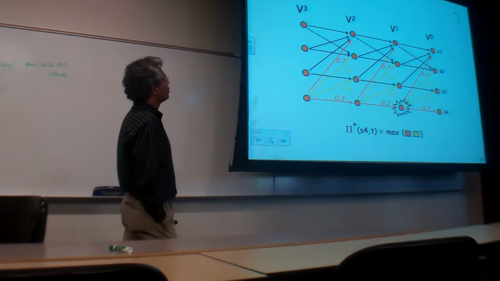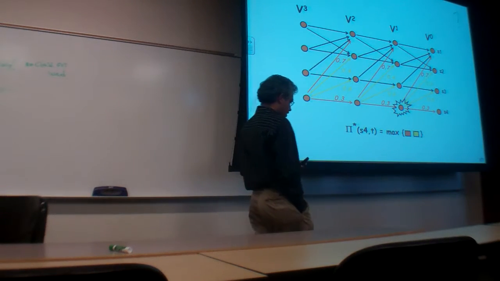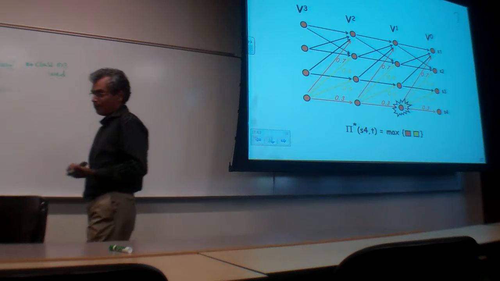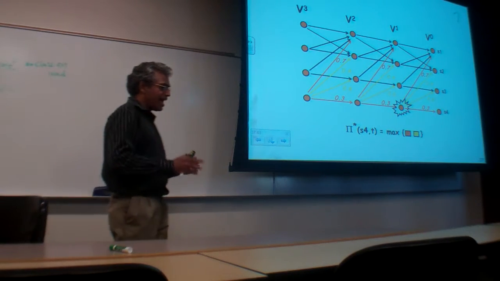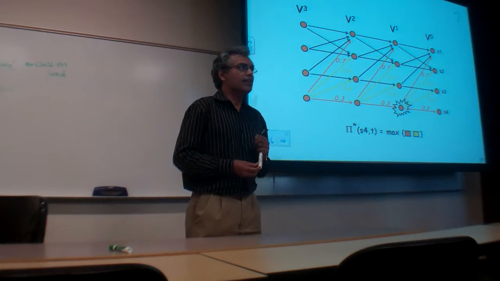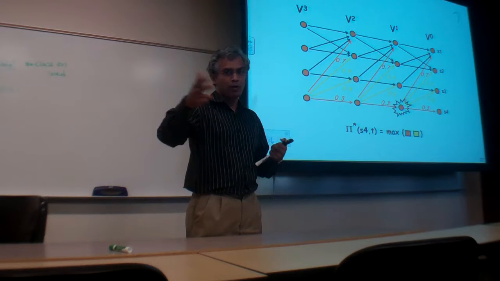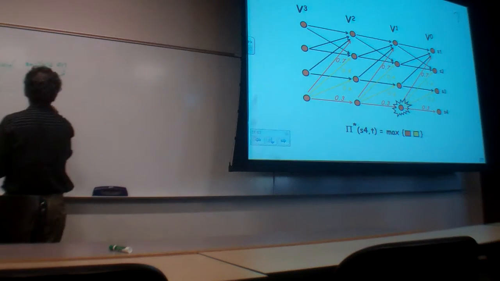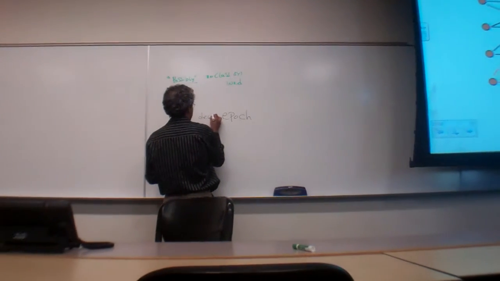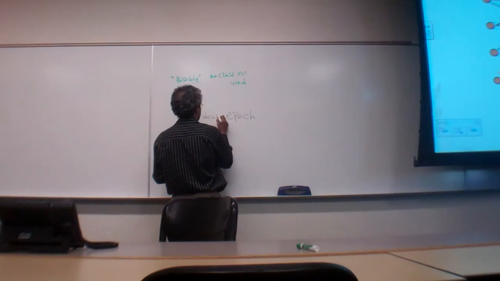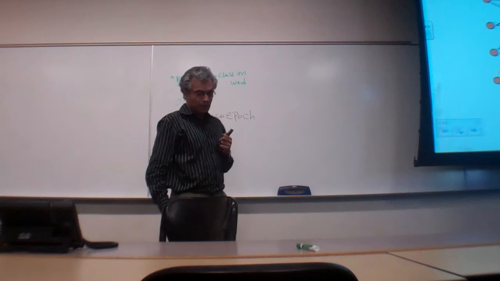So we were doing the simple finite horizon Markov decision processes. That means you know exactly how many decision epochs you have.